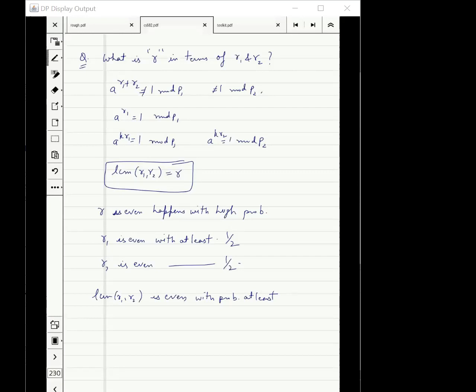Again, there is too much number theory. I don't want to go into the detail, but you see that LCM of R1 and R2 is even with probability at least 3/4.